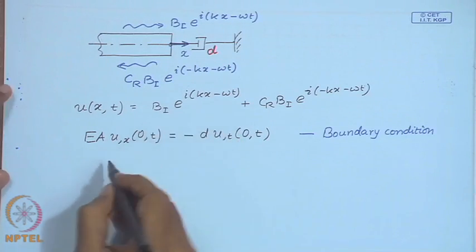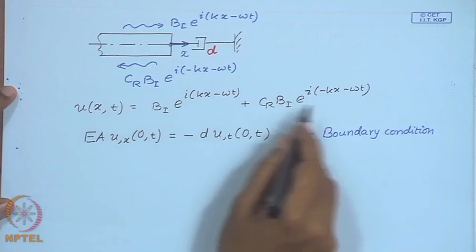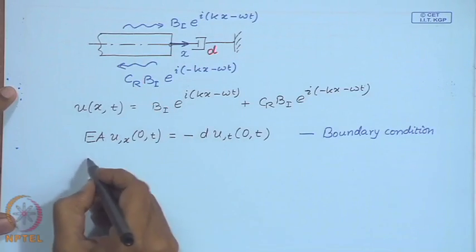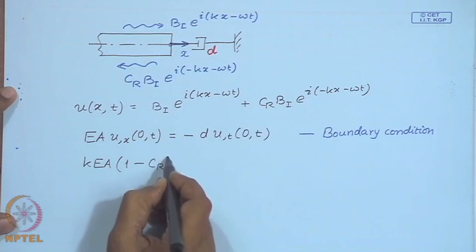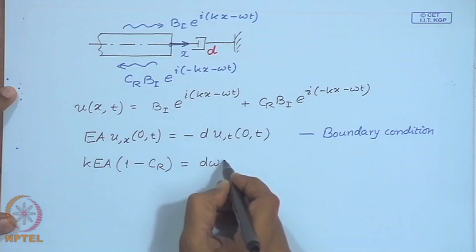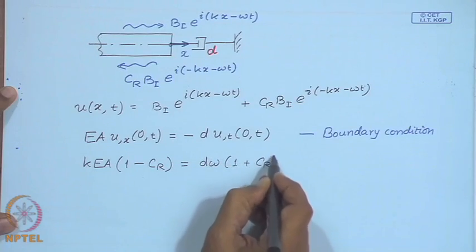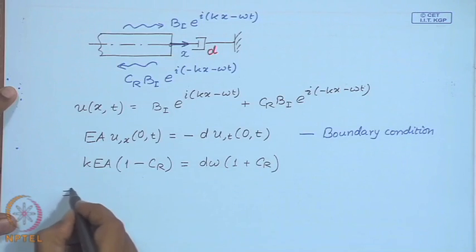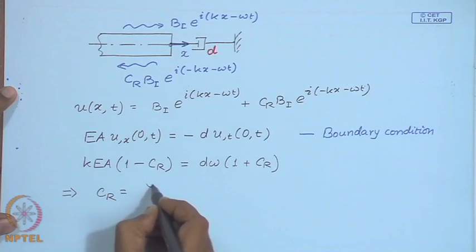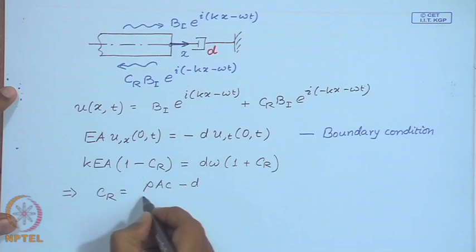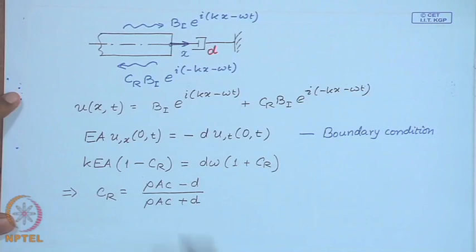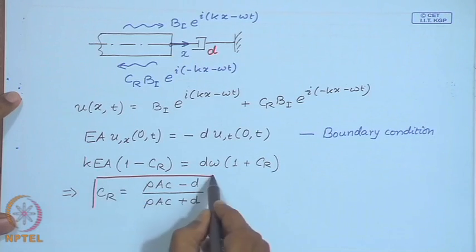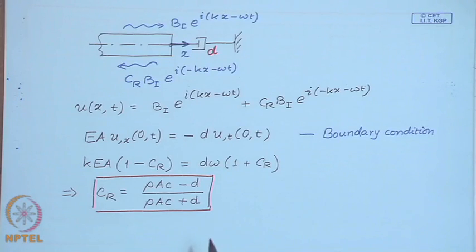Now, when we put this expression, the wave field in the bar, in this boundary condition, we can easily arrive at this expression. So, from here we can calculate the reflection coefficient like this. Now, we observe some interesting things.